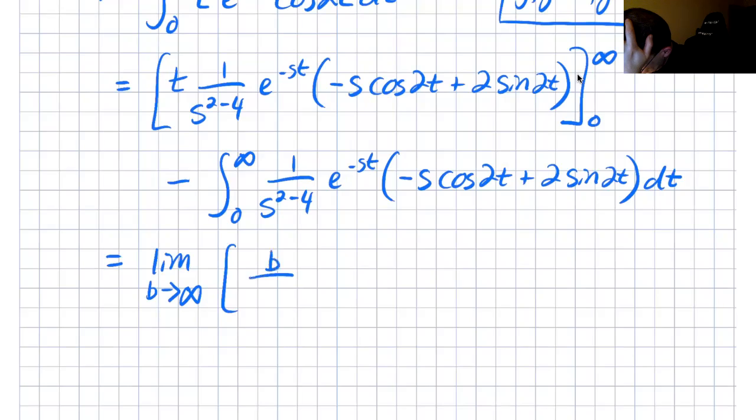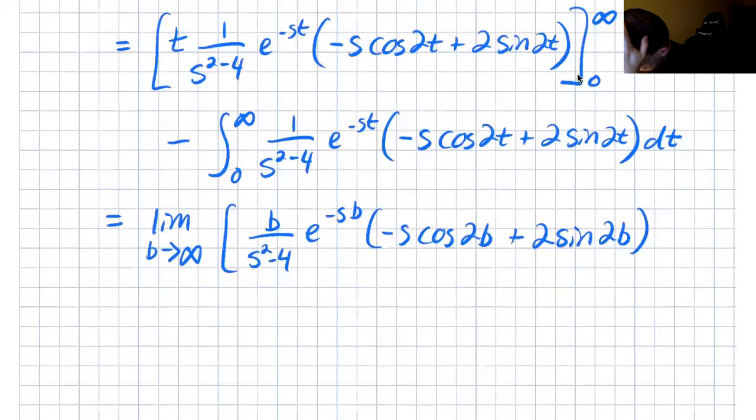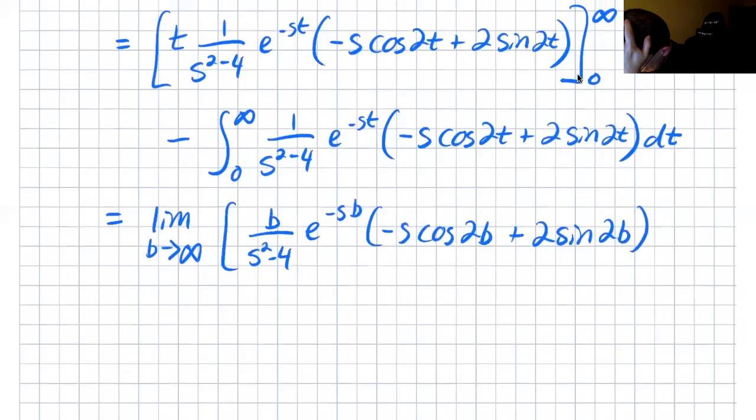So this will be b over s squared minus 4 e to the negative sb times minus s cosine 2b plus 2 sine 2b, and then minus plugging in 0. So that would just be 0 because we'll put a 0 in here. So everything will become 0.